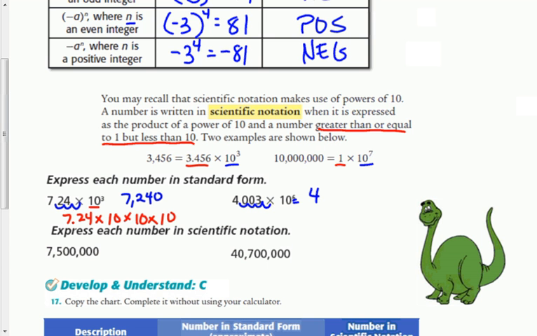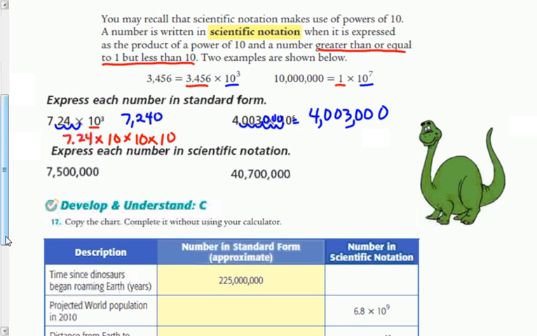I'm going to have to add some zeros in here. There's 6 times. So I have 4, 0, 0, 3, and then 3 more zeros. That's 4,003,000.